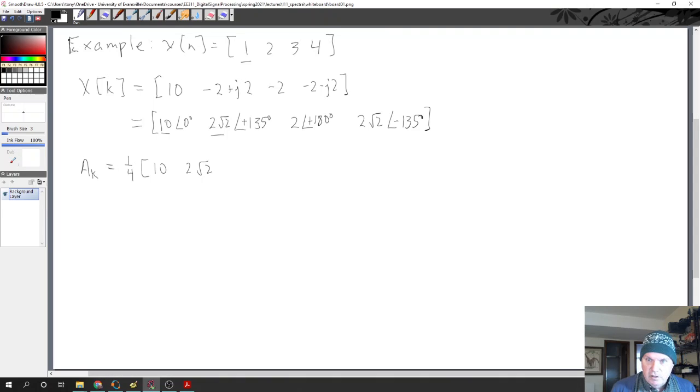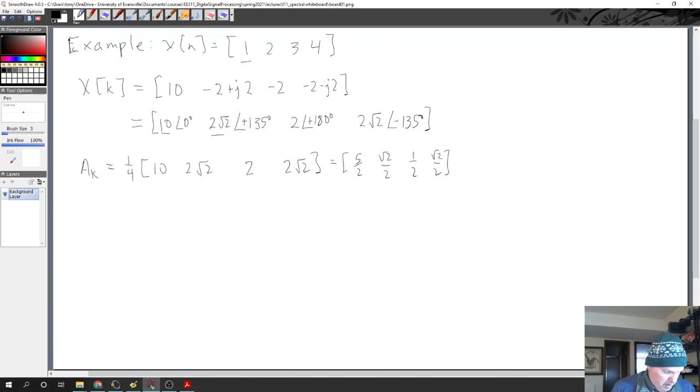The magnitude of this is just 2. Then this has the same magnitude as the second element in the array, so 2 square root of 2. This would be 5 halves, 10 divided by 4, square root of 2 over 2, 1 half, and then square root of 2 over 2.